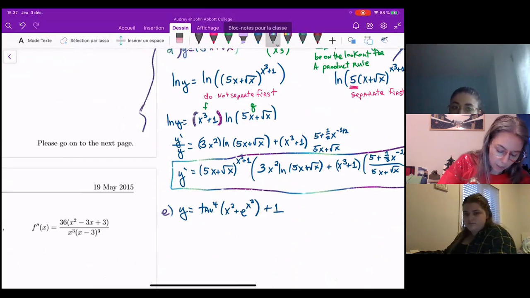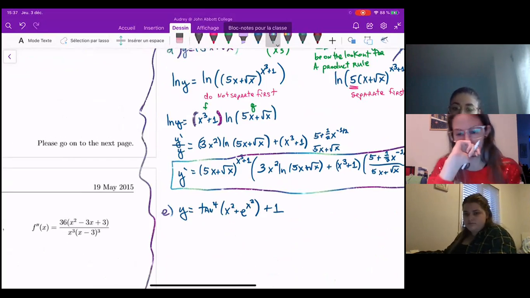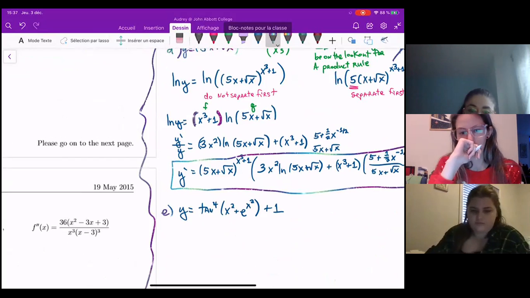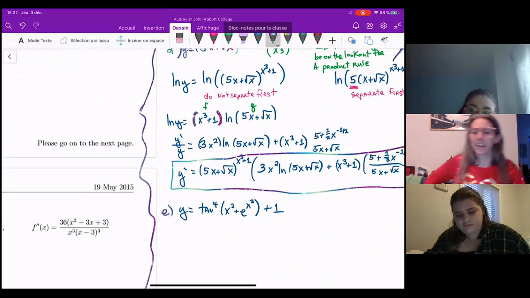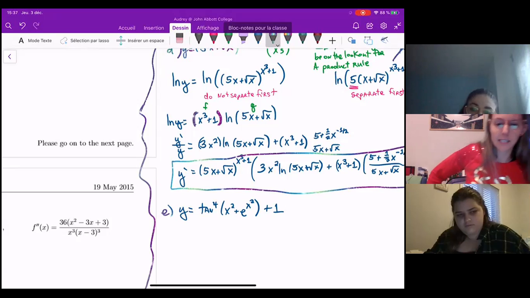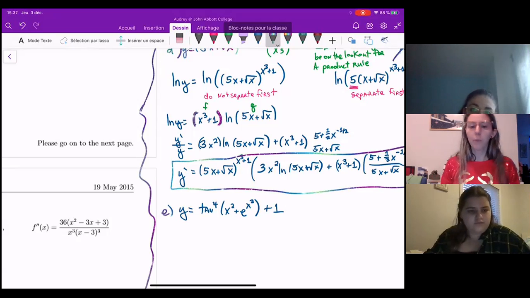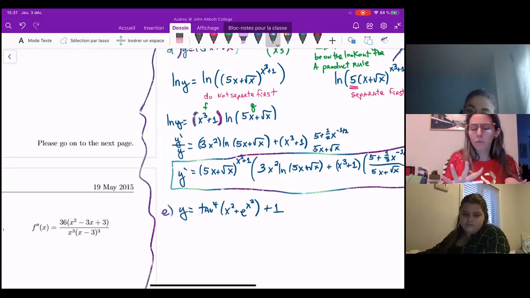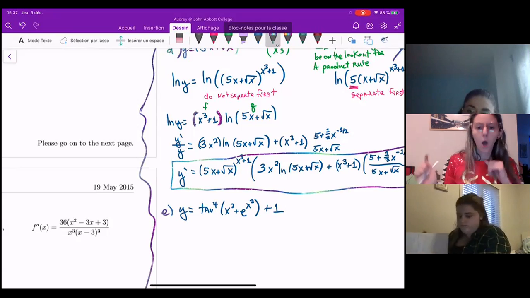Would it make sense to use logarithmic differentiation here? Good job, guys. No, it wouldn't make sense. Not because of the trig, though, because of the +1. Remember, exactly, we said when we have additions and subtractions, logarithmic differentiation is not the best plan. What do I do instead?